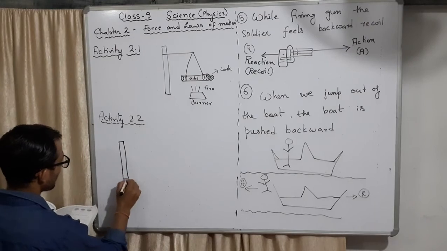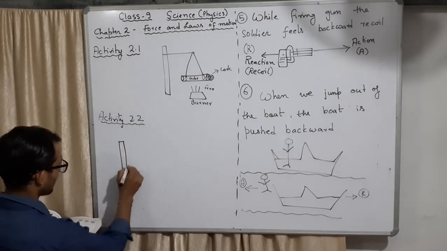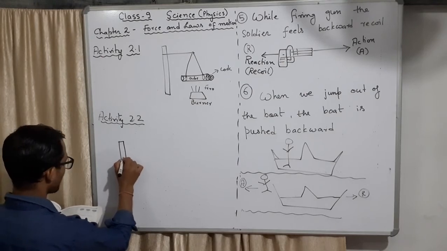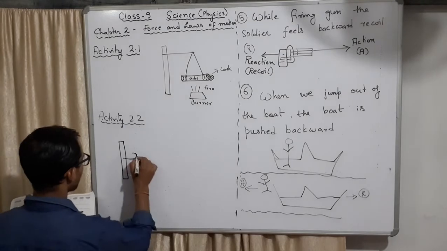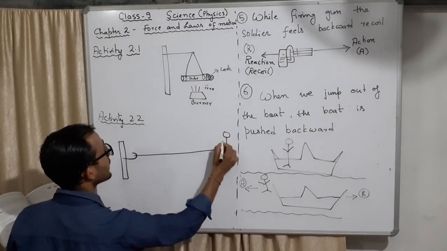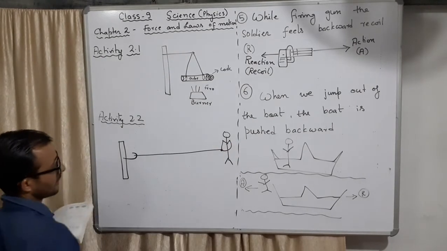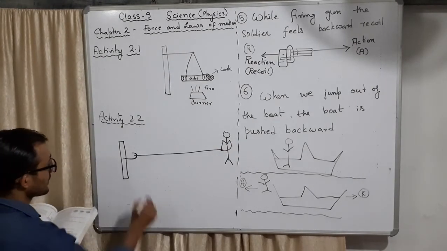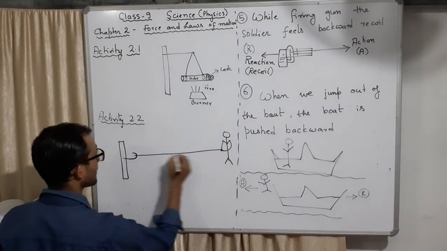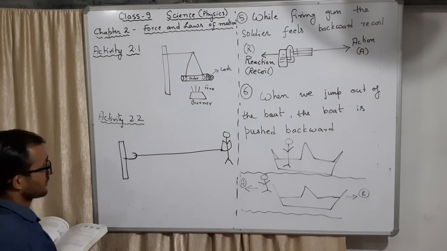There is one stand, very firm, on the ground, and there is one hook, one thread here. One person is holding this thread. It is a very fine, strong thread, and he's holding it very tight.